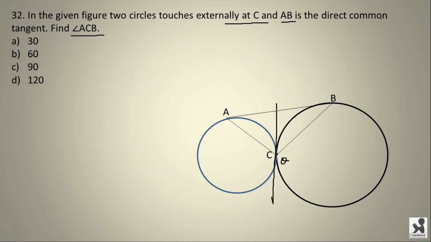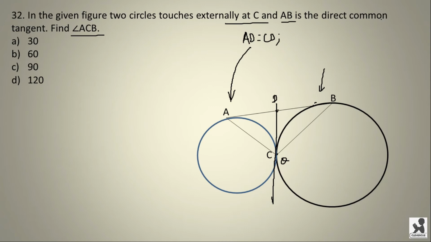We all know that the length of tangents from a point to the circles will always be equal. That means if we name this point as D, DA or AD is equal to CD. AD is equal to CD is for this circle. In this circle, there is a point D and two tangents are drawn.